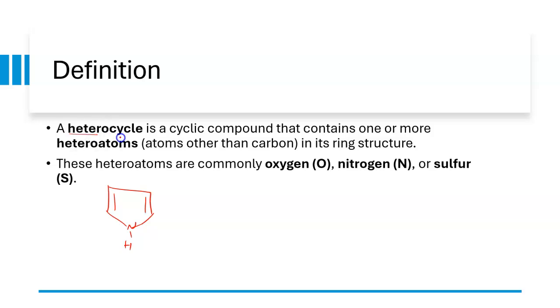Heterocycle means there is one heteroatom. This is not a heterocyclic compound, it is a benzene. There is no heteroatom in that case, but if in the carbon ring there is a nitrogen, then it becomes a heterocycle. And mainly we will see the heterocyclic compounds containing oxygen, nitrogen and sulfur.